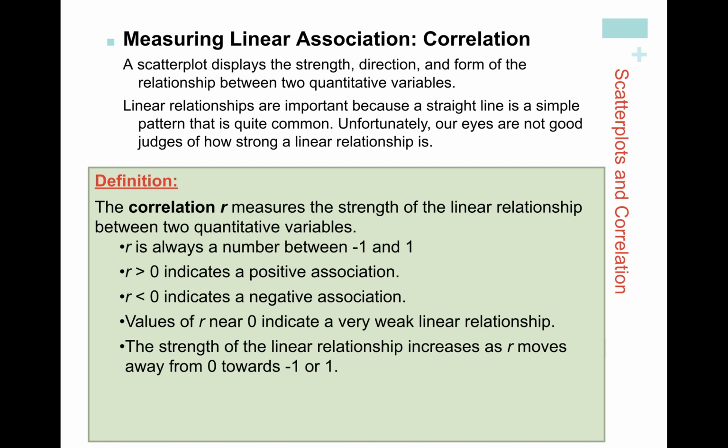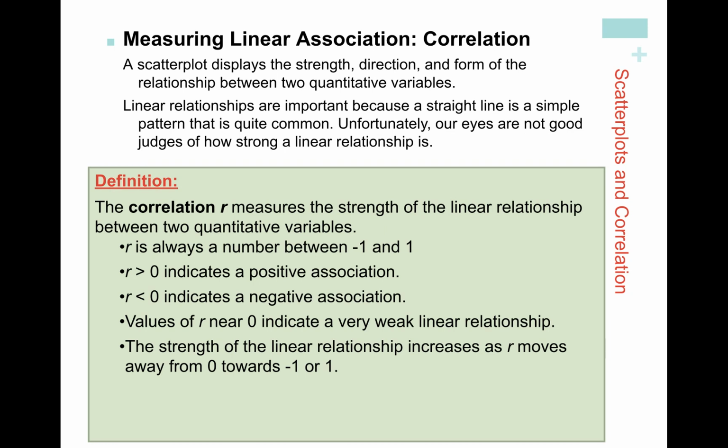It doesn't mean that the slope of the line has to be -1, though. Don't think of r as the slope. r is not the slope. But if r equals positive 1, that means you're going to have a positive association between x and y.